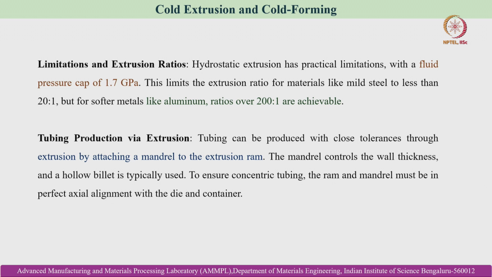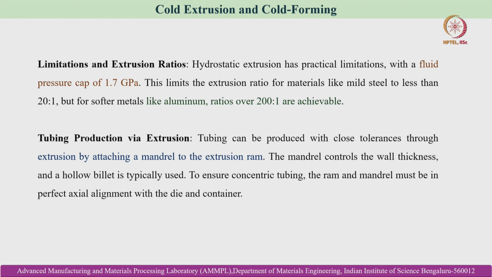And tubing production via extrusion. If you recall, during the casting module we discussed that we generally use the centrifugal casting technique for developing hollow pipes. However, based on structural integrity demands, hollow tubing can also be produced by the extrusion route, with close tolerances, by attaching a mandrel to the extrusion ram.